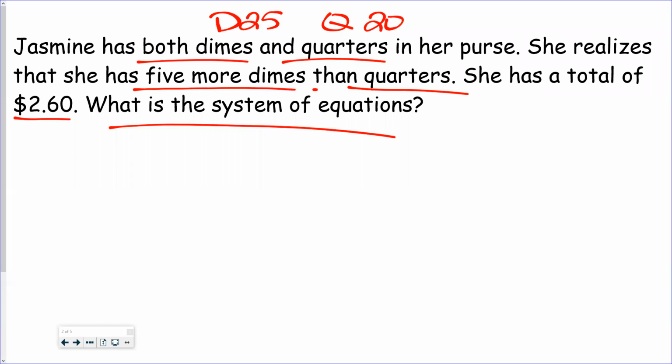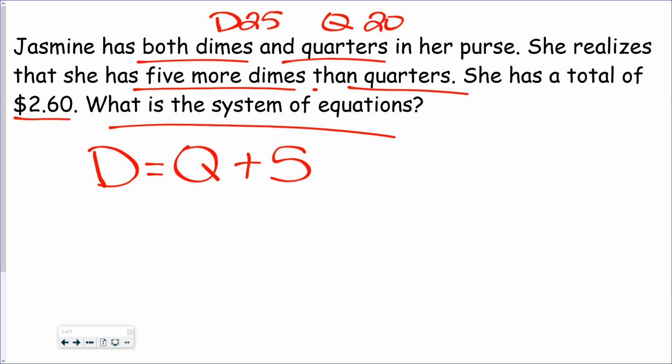Again, this is just for instance. I'm not saying that's the correct numbers. That's just an example. So how would I write this as an equation? Well, my equation would be my number of dimes is going to equal however many quarters I have plus 5. So that's my first equation.